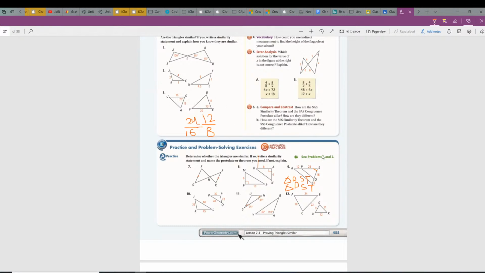So we can add these up, so we have 36 and 24. And the smaller angle side lengths are 24 and 16.